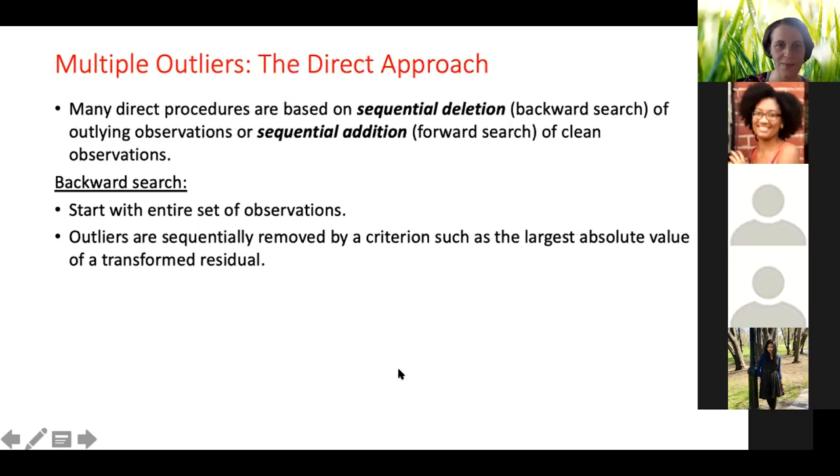Okay. So maybe I want to give you a little bit of time today, but let me wrap up the multiple outlier direct approach because it's relatively quick. We basically have two fundamental mechanisms that we can use when we want to utilize a direct approach to multiple outlier detection.